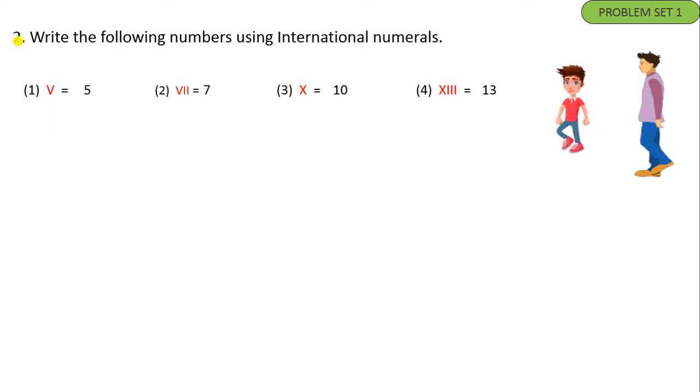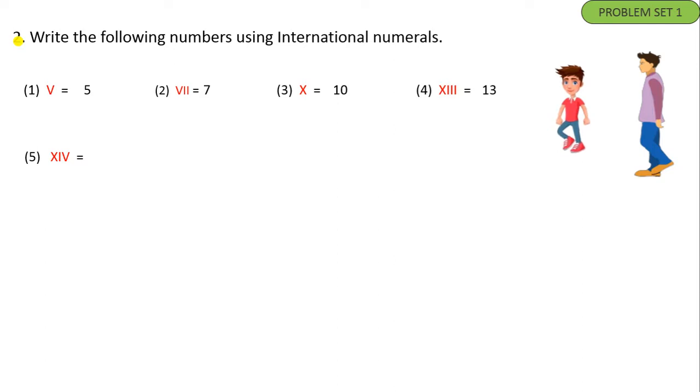Then, next one is XIV. Here, the first symbol is X, then I, and then V. If we had XI, then this would be the number 11. But we have been given XIV. Therefore, the first X is taken separately and then IV is taken together.